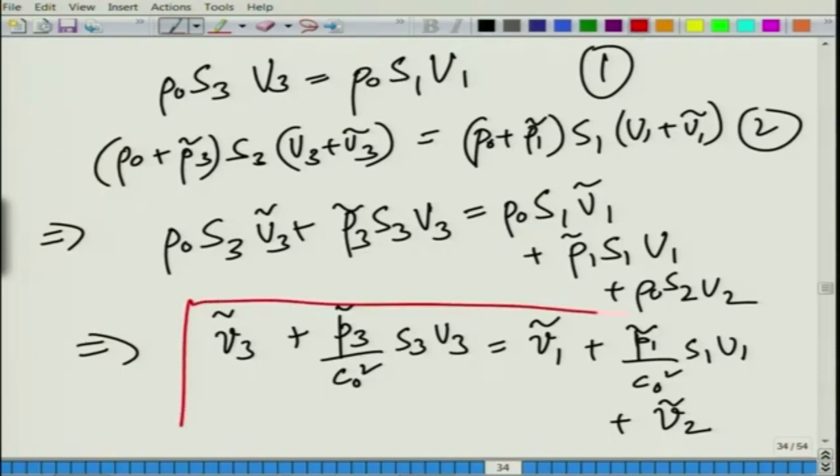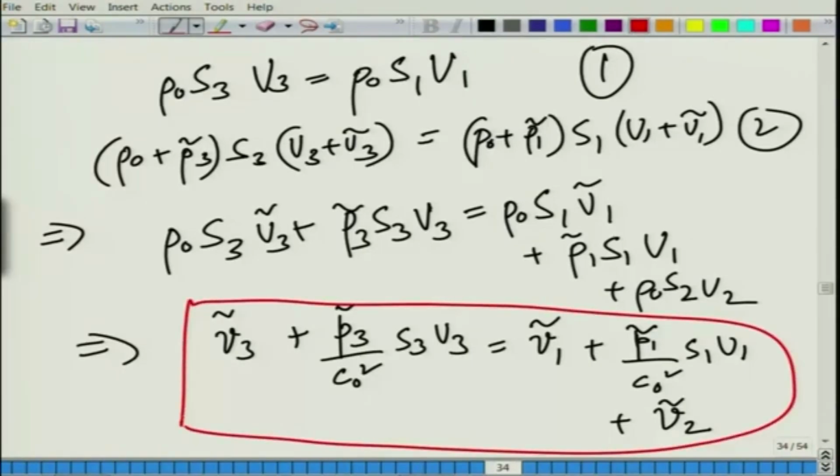So, here we have this relation, again using your convective state variables. What we figure out is U3 by C naught is nothing but M03 or M3, the Mach number in the tube, and C naught by S3 is your Y. The same argument goes for this particular term and these two terms.